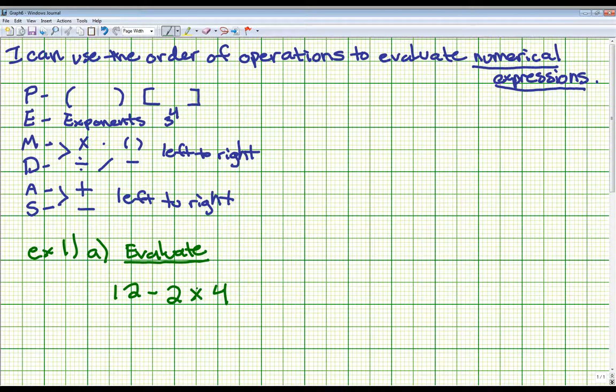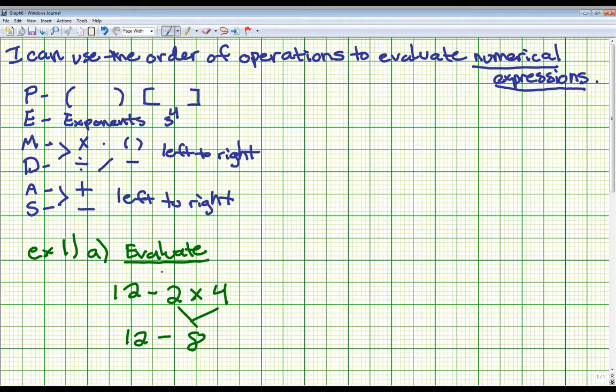So if we use our order of operations, subtraction or multiplication comes first? Well, up here, looks like multiplication comes before our subtraction. So we have to make sure we do this part first, the 2 times 4. So instead of going left to right, we're going to start here and do 2 times 4, which would give us 8. So we have 12 here, subtract 8.